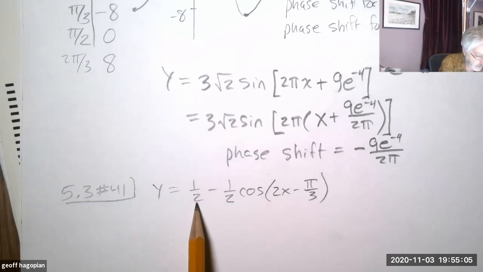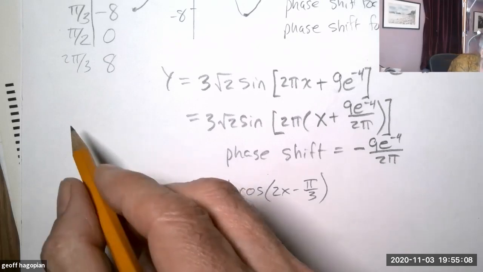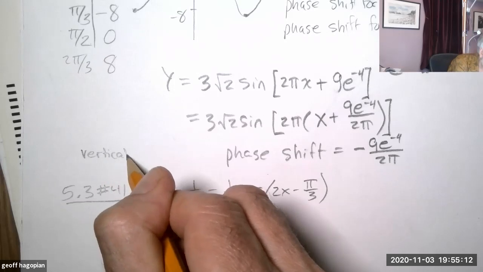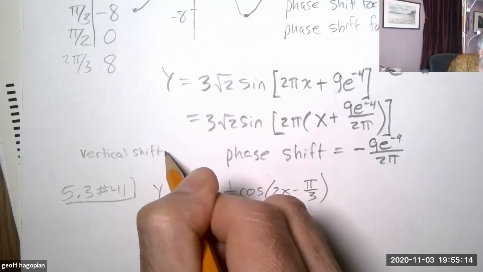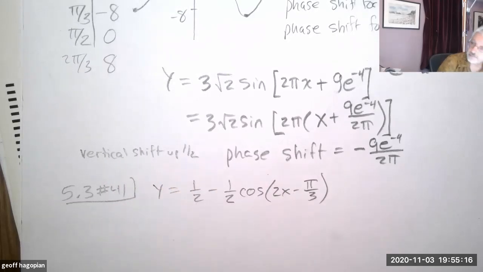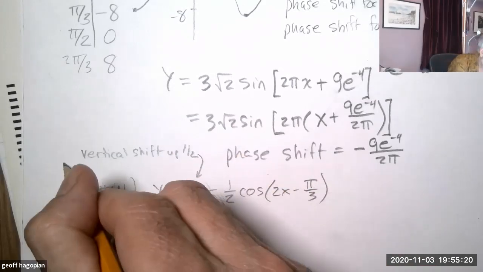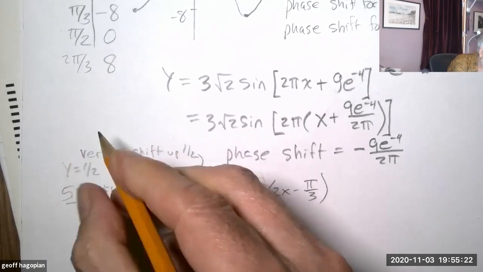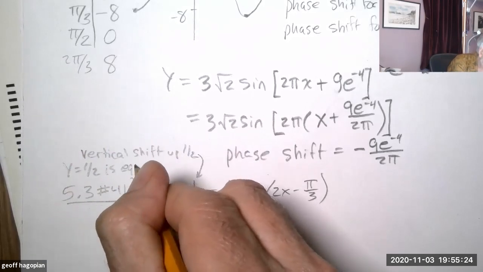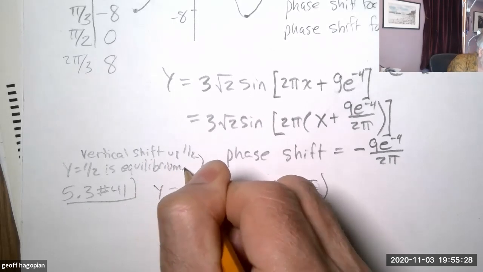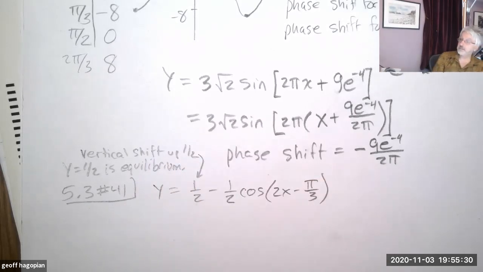Well, that's just a vertical shift, right? So vertical shift up 1/2, right? That's what this does. And that means that y equals 1/2 is the equilibrium. That's what we oscillate around, right? Oscillate around your equilibrium.